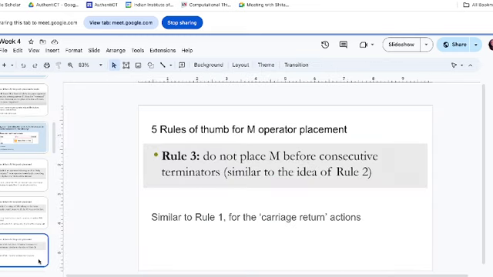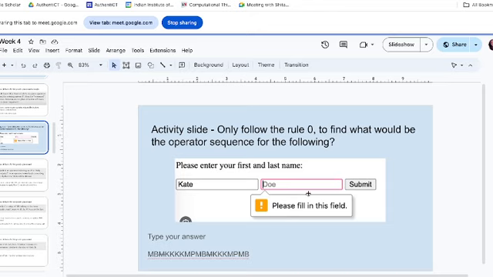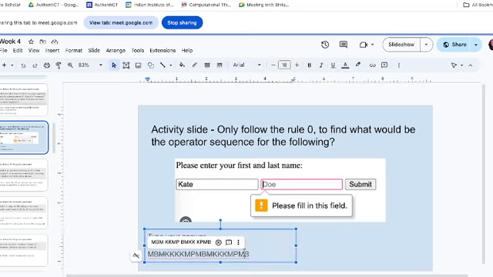For the carriage return, as in when you click on enter or when you click on submit, that is supposed to happen, right? You are entering the text and then you're clicking submit. So you're not actually making any mental process while clicking on submit.